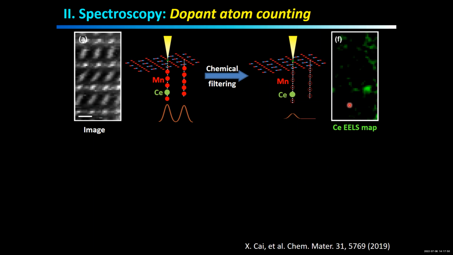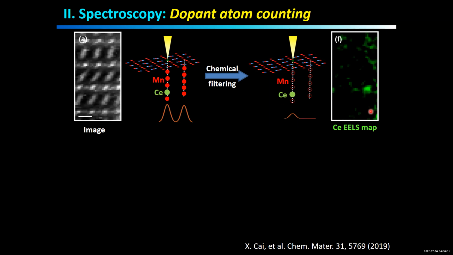But for the EELS mapping, even though a single cerium dopant will still give a weak signal, compared to the pure manganese column without any cerium, the contrast will still be big enough. So it will give higher sensitivity for the EELS map to detect the dopants.